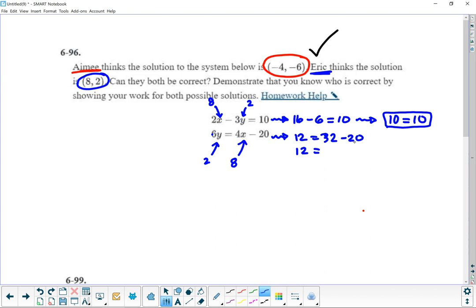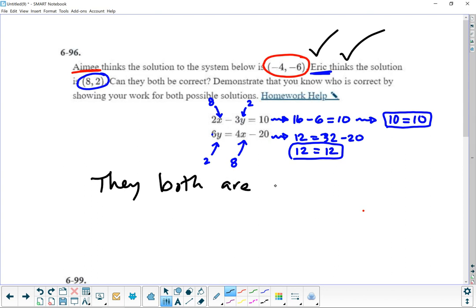So is 12 equal to 32 minus 20, which is 12? So that also works. So Eric, yep, also works. So we want to say they both are correct.